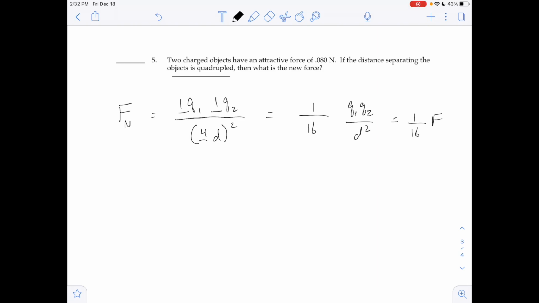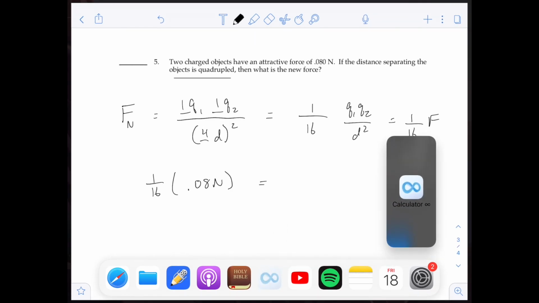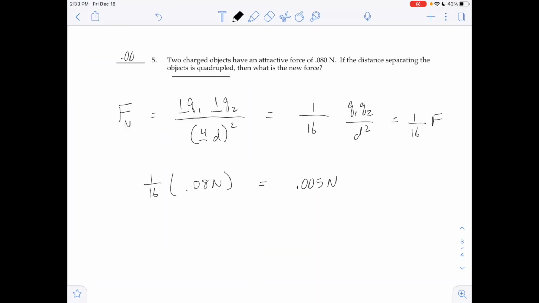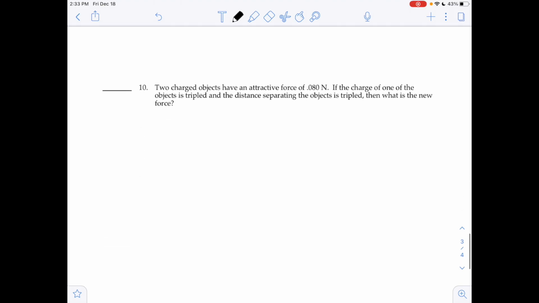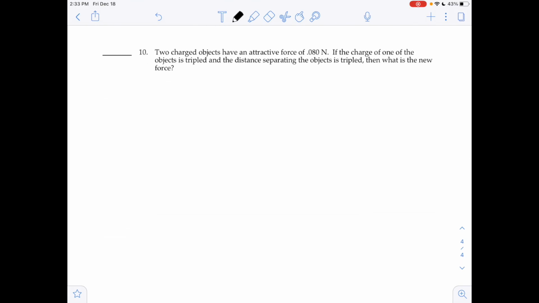If you think about if we were to take the moon and separate it from the Earth a further distance, the Earth wouldn't be pulling on the moon with as much force. And I'm just using that analogy because force due to gravity is very similar to charge. All right, so now we can just take 1 over 16, multiply it by 0.08 to get the new force. And so the new force is going to be 0.005 newtons.